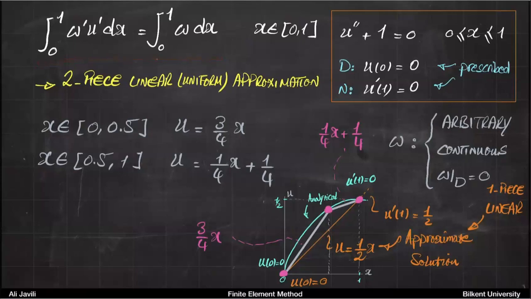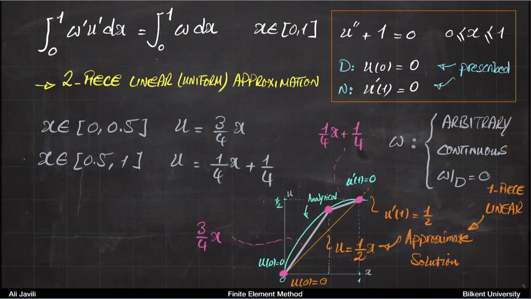So basically, instead of having a quadratic function, you are allowed to have piecewise linear functions. And then if you want to calculate those piecewise linear functions from the weak form and from the conditions that we have on the test function, it seems it's working. And it gives you a very decent approximation all the time.